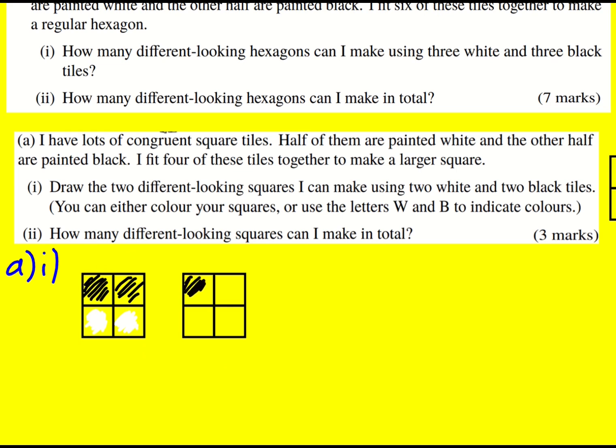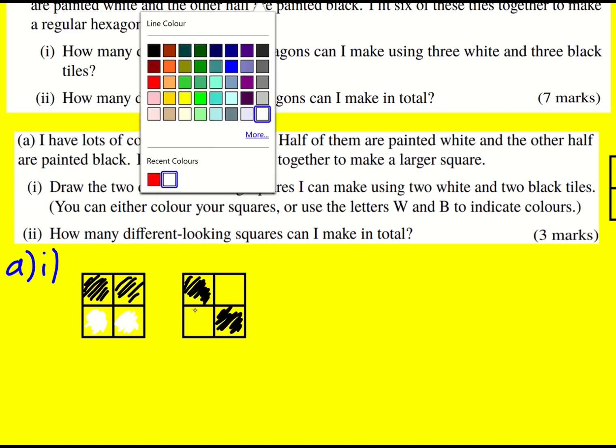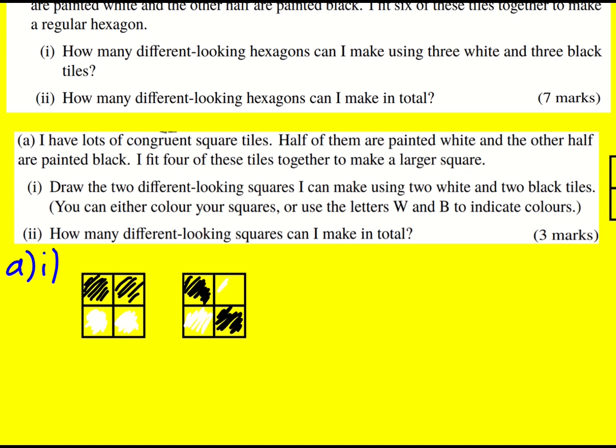So this one we can make black, and leave a gap and make this one black. See, actually, this is going to have rotational symmetry of order 2. So this will look the same. This is back to the start now. So those are the 2 possibilities.